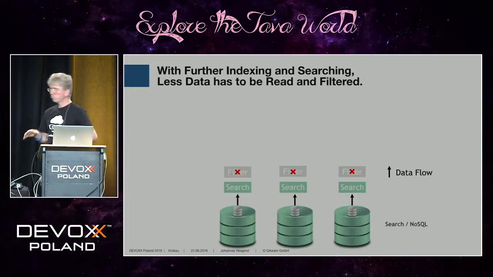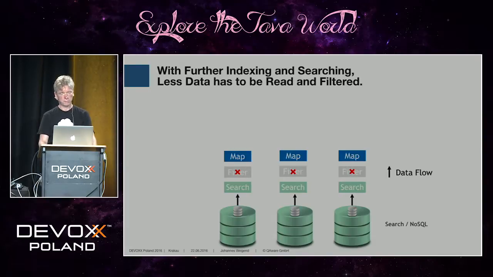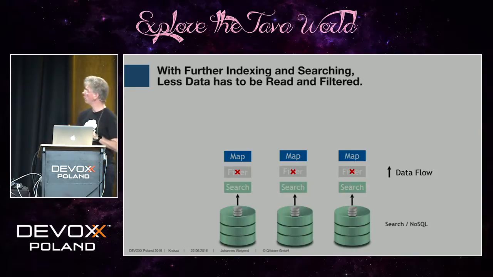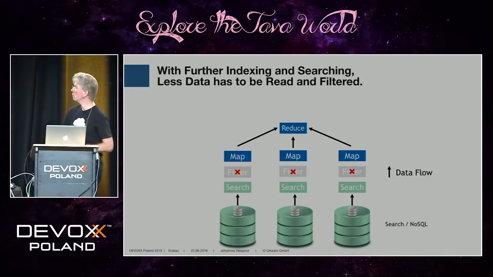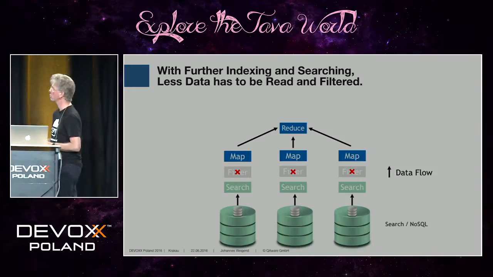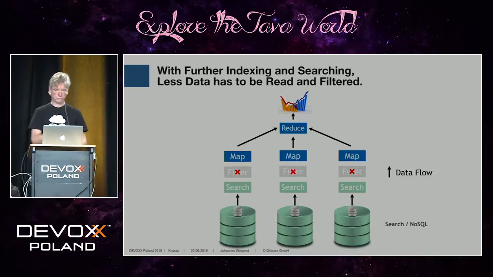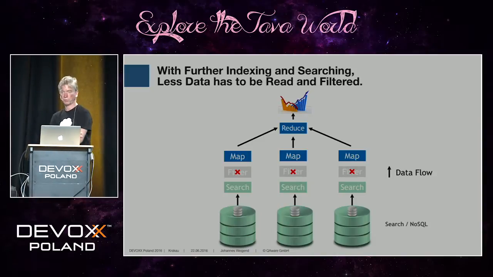So searching is really the key to get fast results and to get pre-aggregated results. And then you do the map step and process everything together in a reduce step to get your chart.